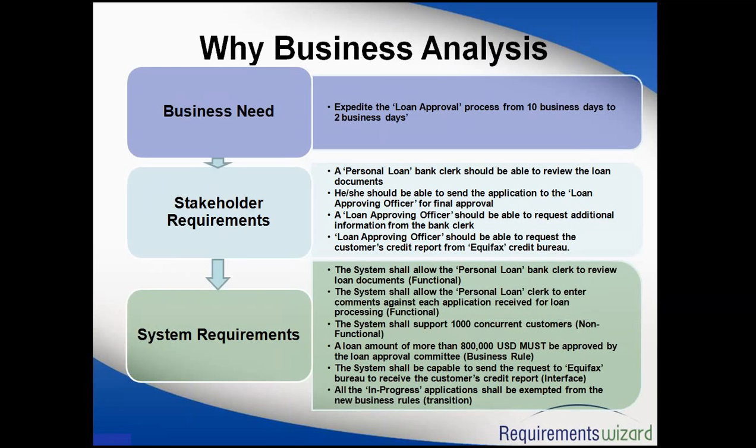So you understand that the bureau will have their own application, their own system, and our system which we are building will be communicating with this external system, right? So that's an interface requirement.